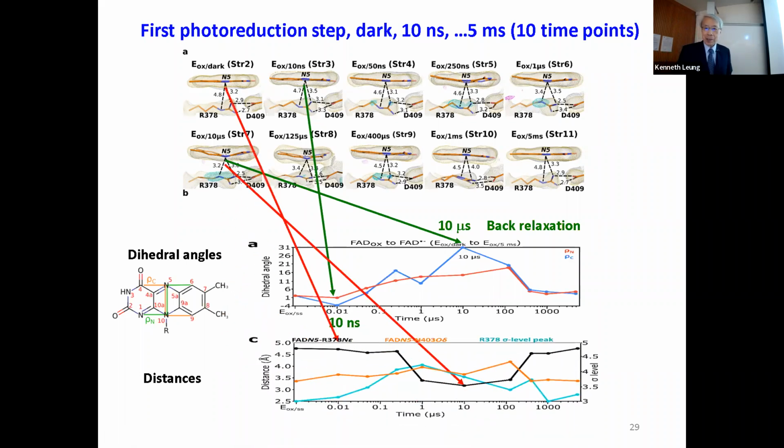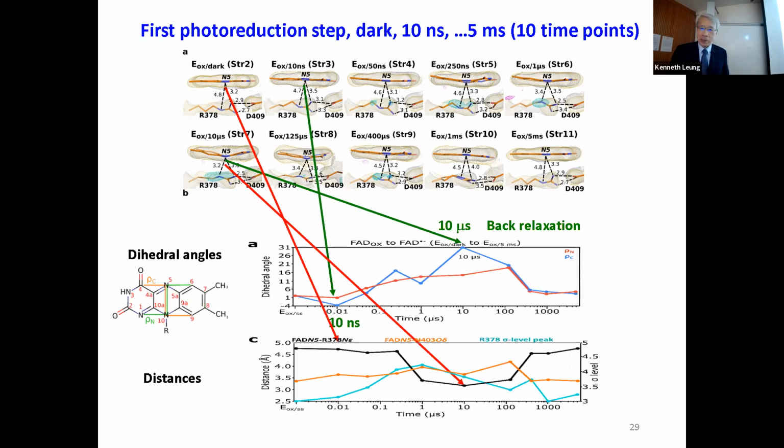Then you look at another parameter from the same data set. It tells you the same thing, that nothing has happened yet at 10 nanoseconds, but it goes through a process and reaches maximum at 10 microseconds. So this is the data that you could deduce. And then the question is, what does this data tell you?